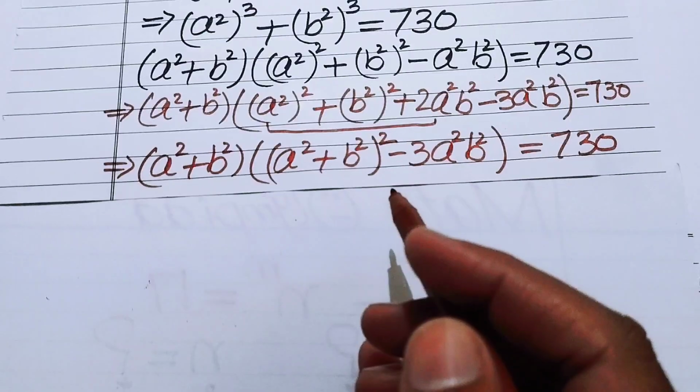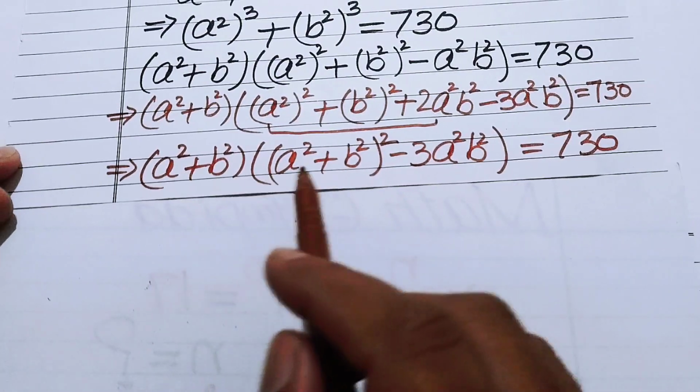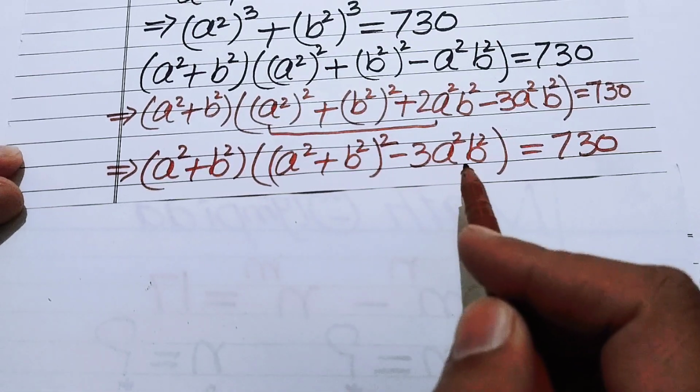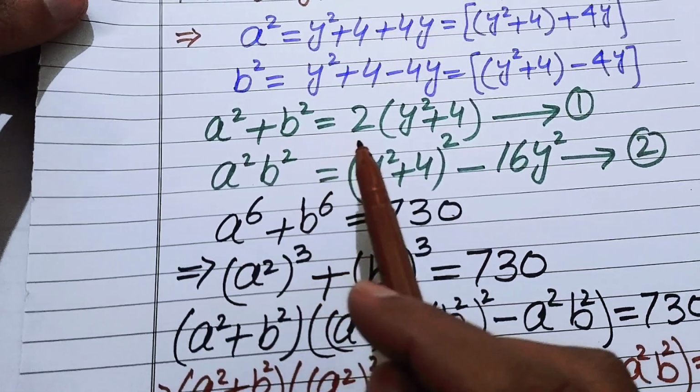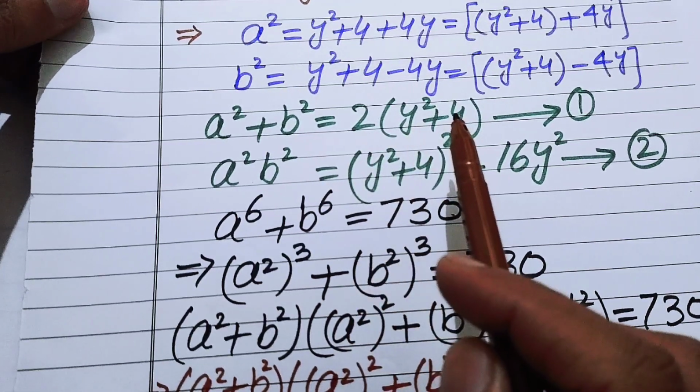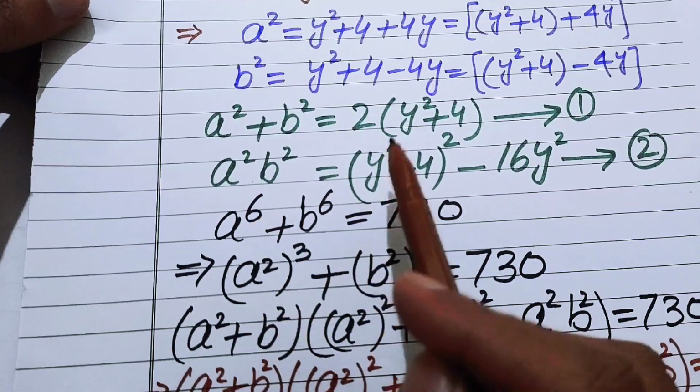In the next step we will put the values of a squared plus b squared and a squared times b squared here, because you see here equation number 1 and 2. In equation number 1 we get a squared plus b squared equals 2 times y squared plus 4, and this value equals this one. So now we will use these two values here.